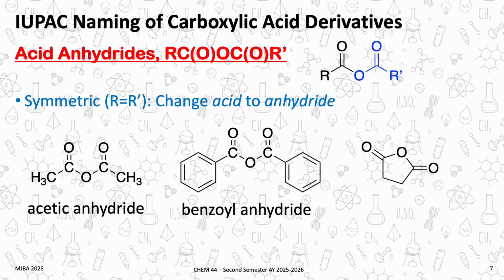So at 4 carbon atoms, the dicarboxylic acid's accepted IUPAC common name is succinic. So just drop the acid. So this would be succinic anhydride. So for symmetric, just simply drop the acid and then use the anhydride.